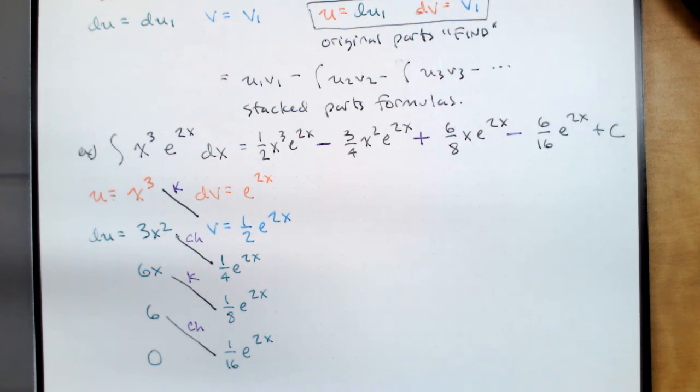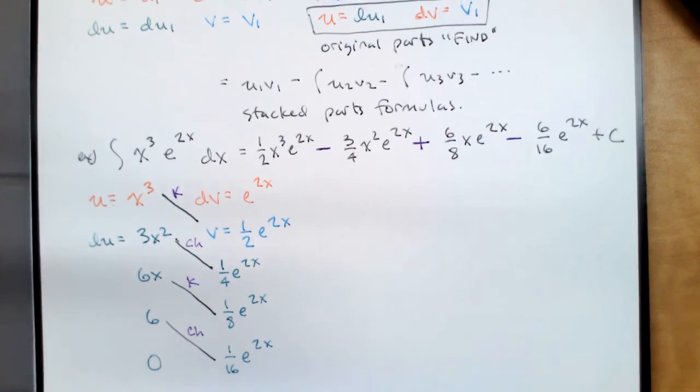We don't want to summarize this by saying alternate the sign. We're having that thought right now because I made a poor choice in going x cubed e to the 2x, because e to the 2x is just always going to be positive when we integrate it. So let's do something with some different signs. Any questions?